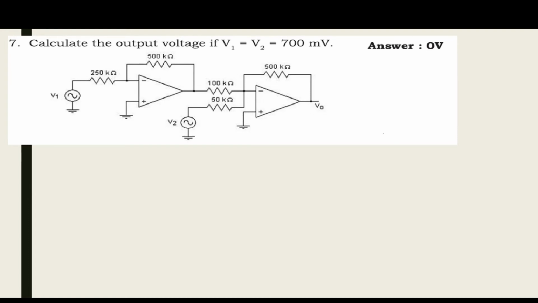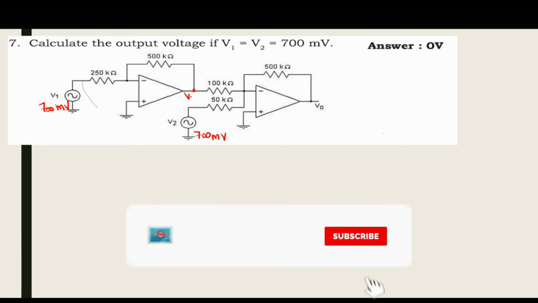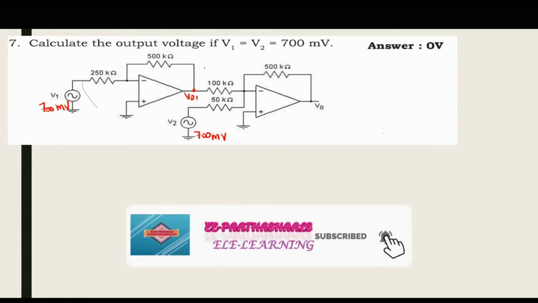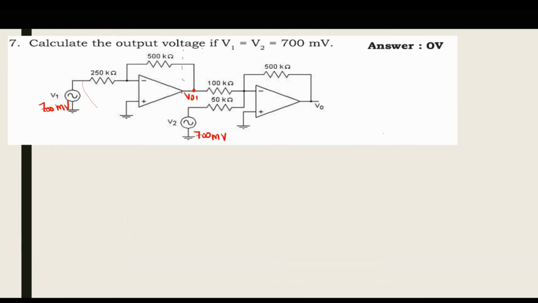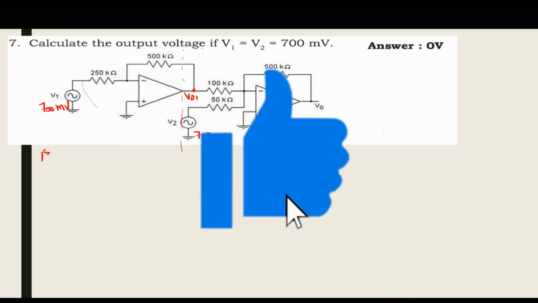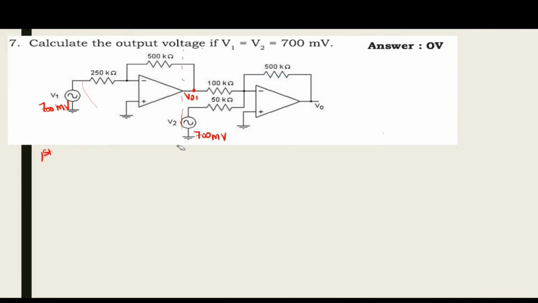Okay. So calculate the output voltage if V1 is equal to V2 is equal to 700 millivolt. This is 700 millivolt, this is also 700 millivolt. Now this will become VO1. So we can divide this into two parts. First circuit is an inverting amplifier.